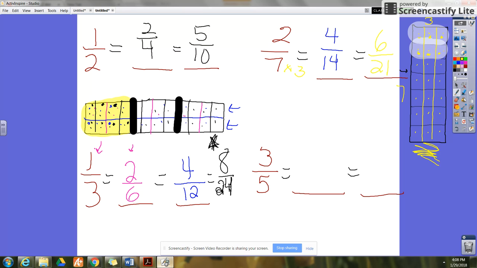If you are timesing the denominator by a number, what do you have to do to the numerator? That's right, times it by the exact same number. And then 2 times 3, does it get us to 6? Yes, it does, because 2 groups times 3 in each group gives you 6 altogether. So that is what we did for 2/7.